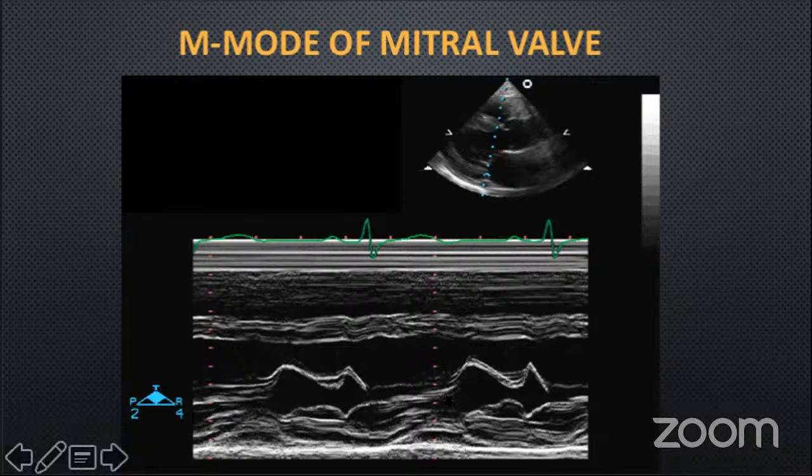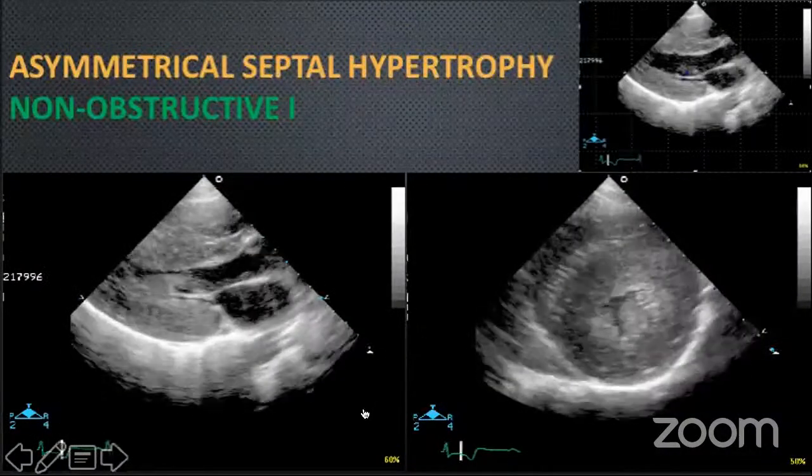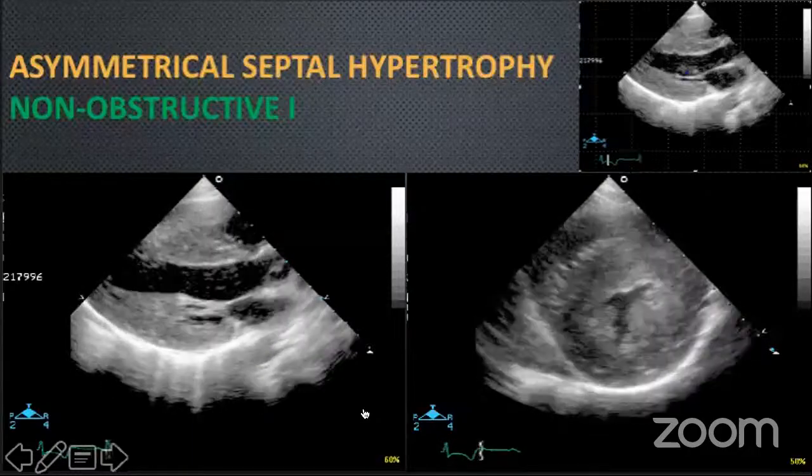So there are three things I want you to remember: that this is anterior, that the LVOT is open because the coaptation point is more posterior, and the M mode showing me a straight line here. So what can echo show you? It can show you what is the type of the hypertrophy.